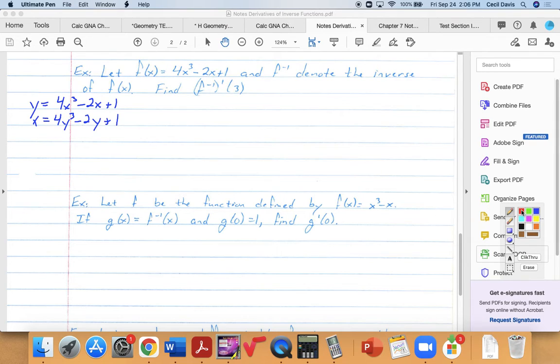So the first thing I'm going to do is go, okay, 3 is equal to 4x cubed minus 2x plus 1. That's pretty difficult to try and solve unless you just kind of think about it and go, oh, hey, look, what x value makes that true that's really simple? 1. Right?